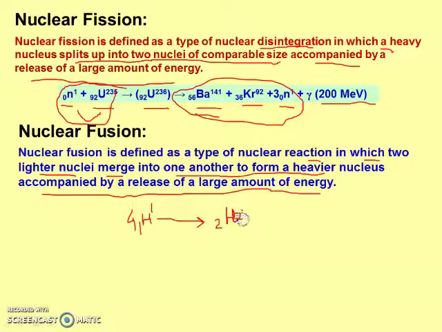This releases a large amount of energy, around 24 million electron volts. So this is nuclear fusion, right?